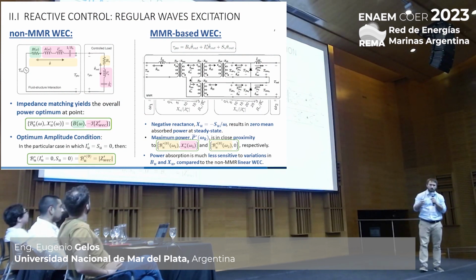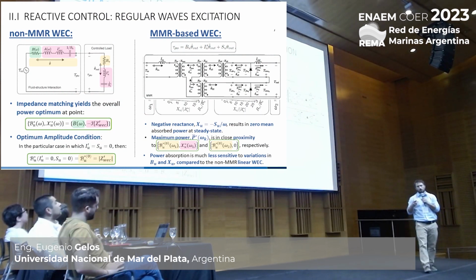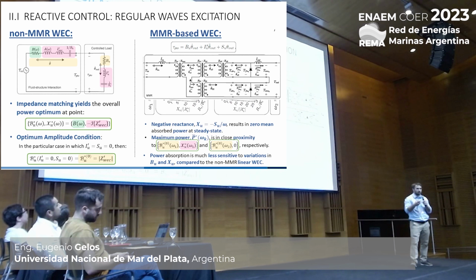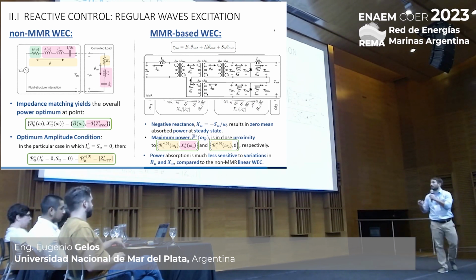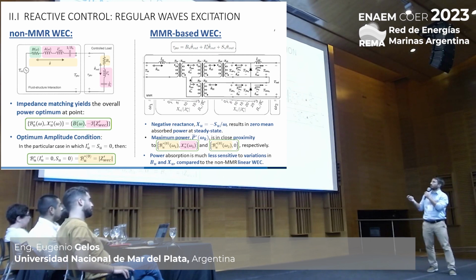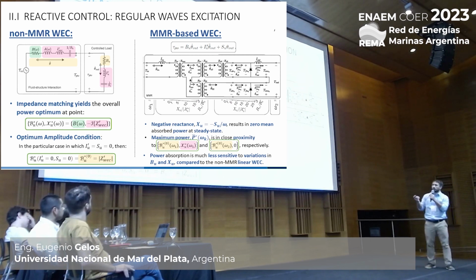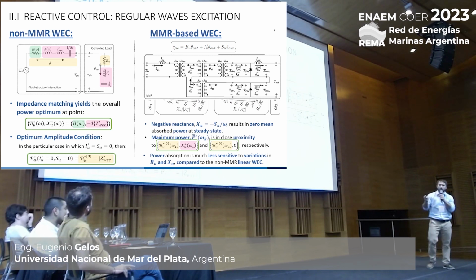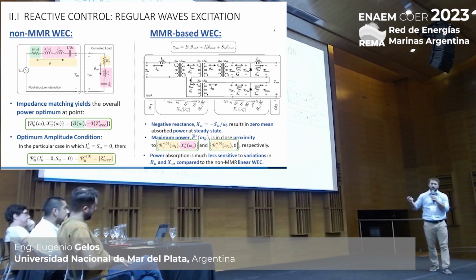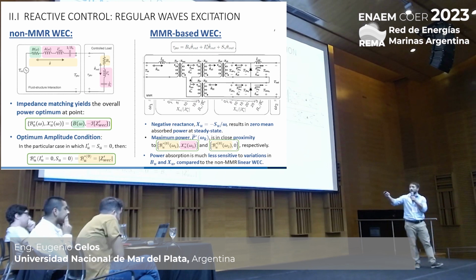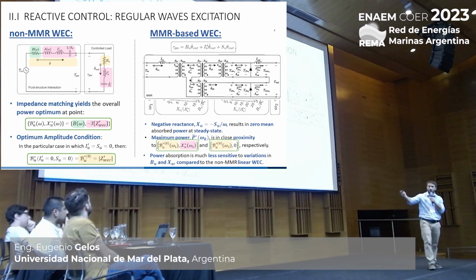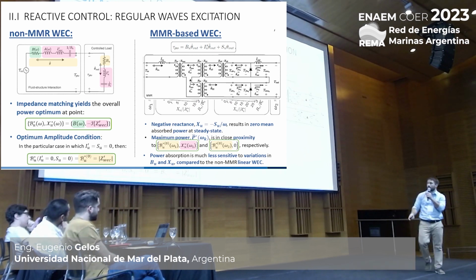So having derived this circuit, we have a suitable platform to test different control strategies. In particular, we have tested the reactive control, which is a strategy conceived for linear WECs and regular wave excitations. These linear WECs can be represented by the linear circuit that we can see in the image on my right.